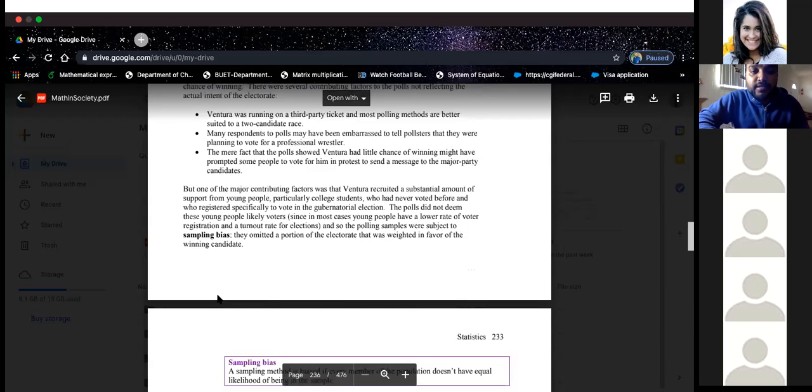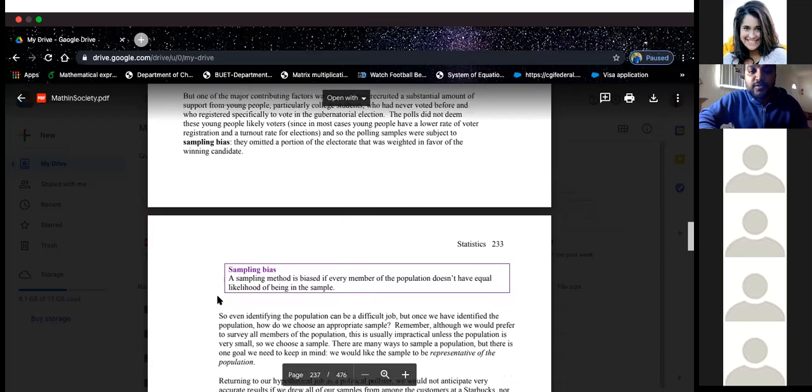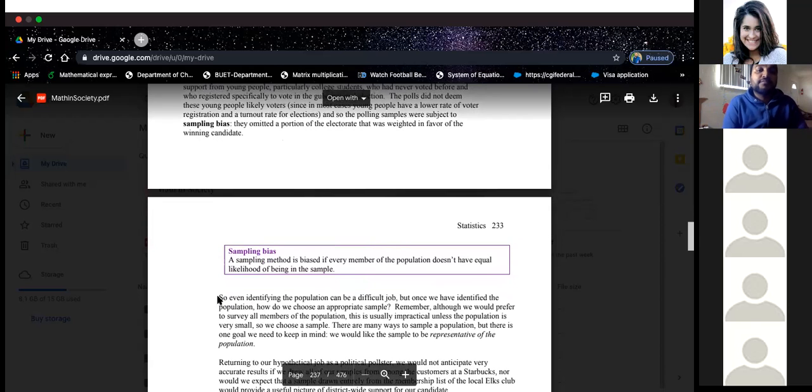So let's look at the definition now. On page 233, a sampling method is biased if every member of the population doesn't have equal likelihood of being in the sample. Like in 1998, the young people didn't have equal likelihood of being in the sample because in most polls, they were not even included, not even asked for their opinion.